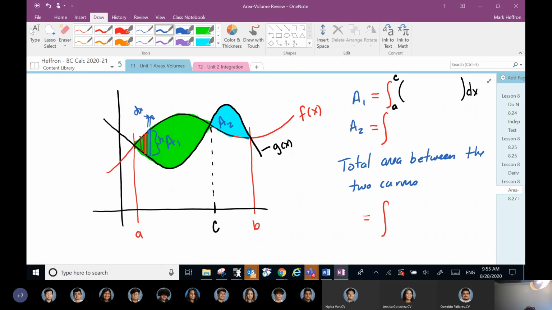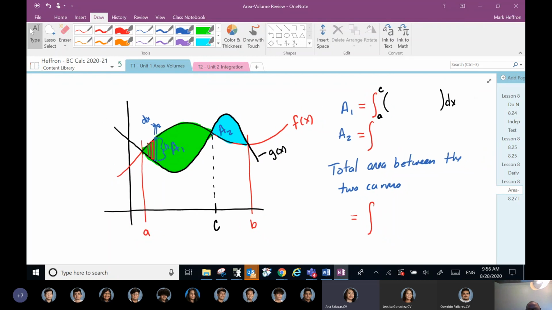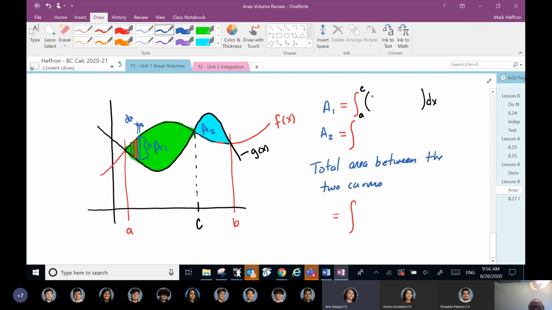I see your hand up. F of x minus g of x, maybe? Yeah, exactly right. F of x minus g of x, because that's really our height, isn't it? And our dx is our thickness.